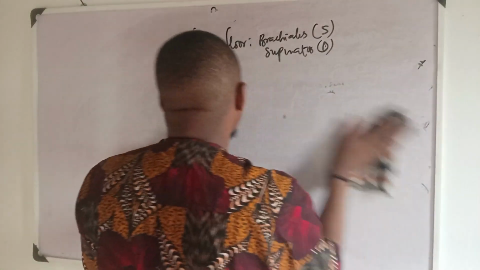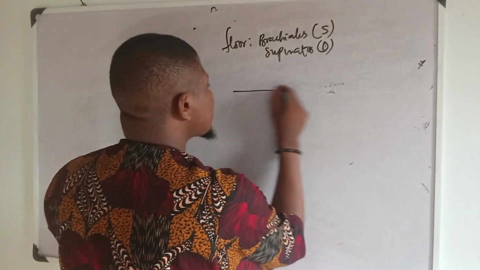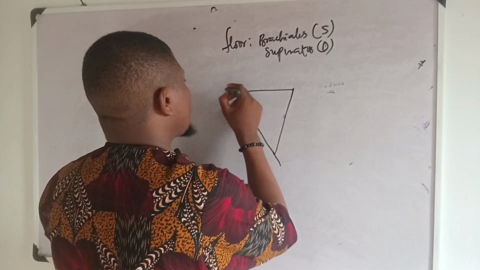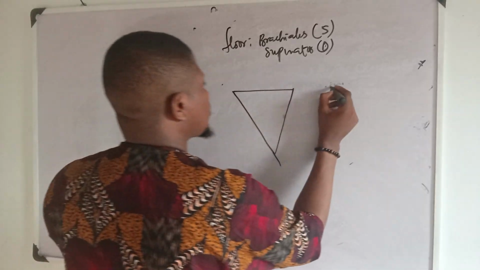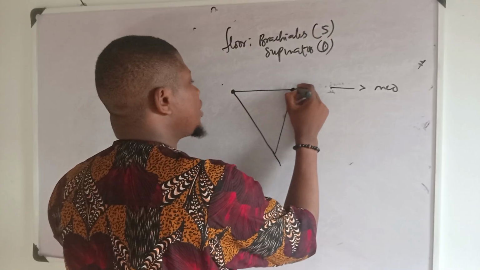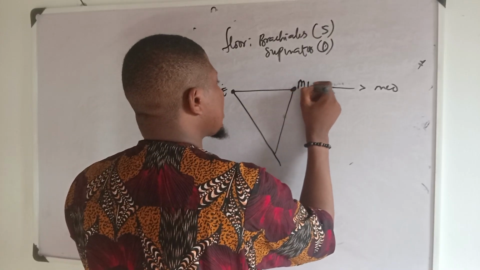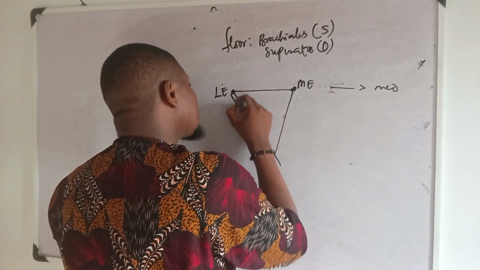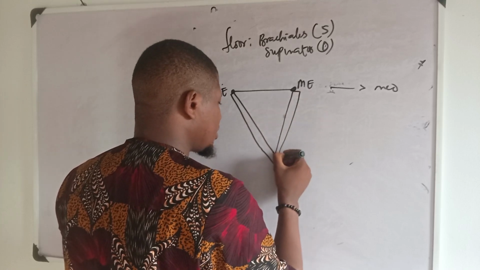So let's look at the boundaries of this fossa. The fossa is like this. This side is lateral, this side is medial. Then there is a bony prominence here and a bony prominence here. This one is the lateral epicondyle, and this is the medial epicondyle. Then on the lateral wall there is a muscle like this, and on the medial side there is a muscle like this.